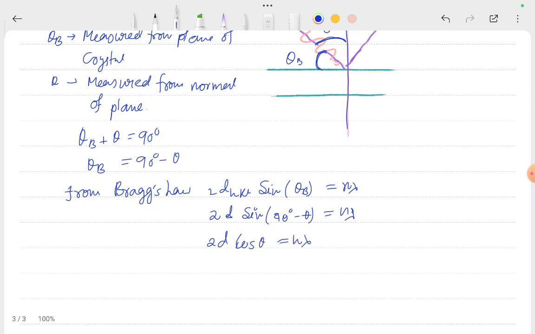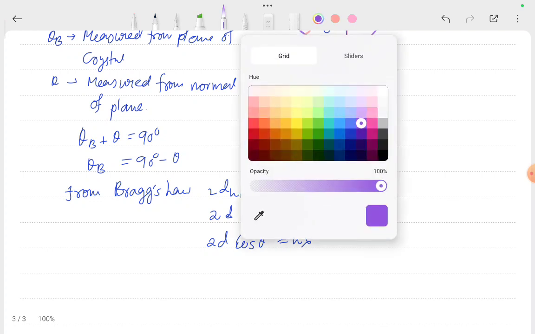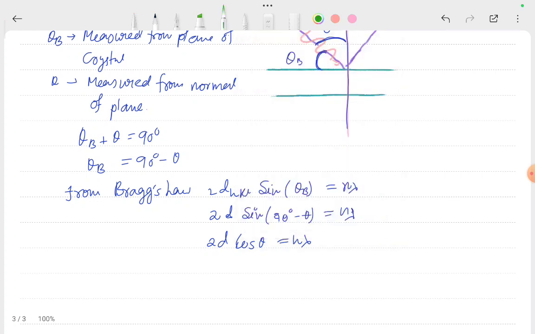So please get this point. When Bragg's angle is mentioned, then Bragg's law is 2d sin theta equals n lambda.